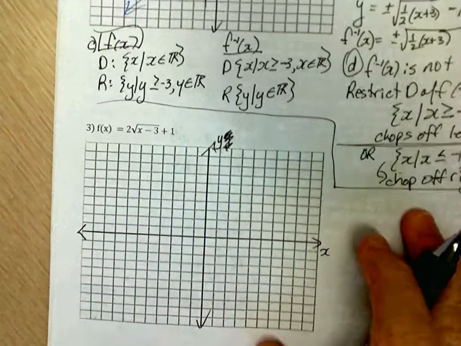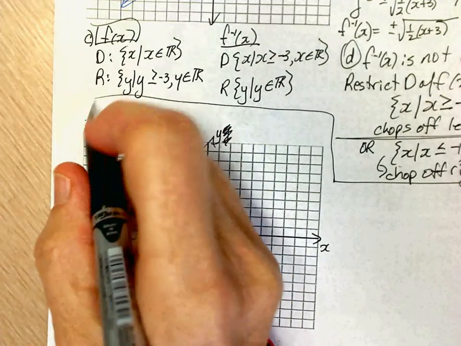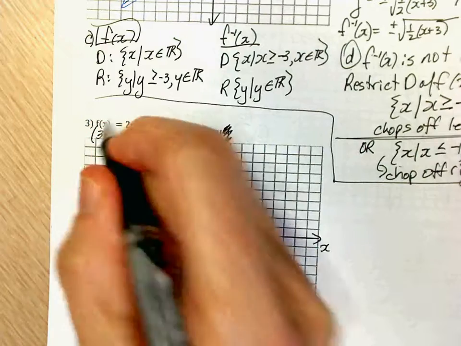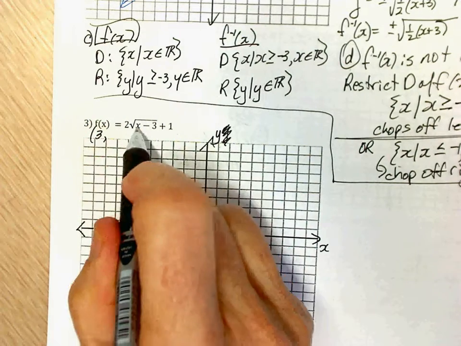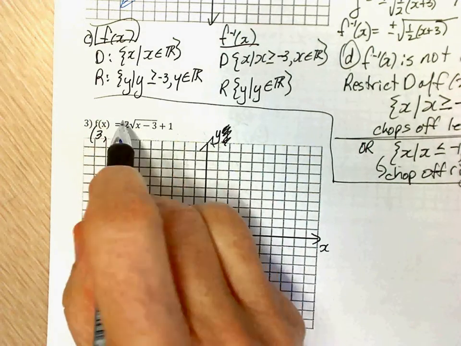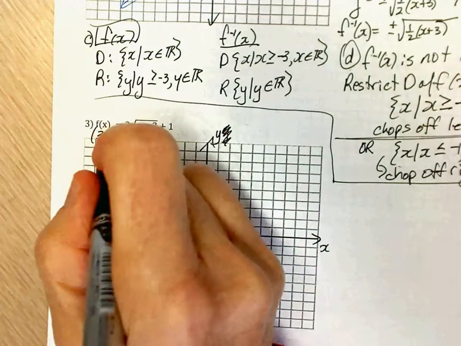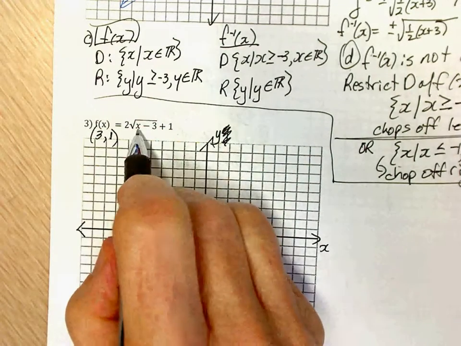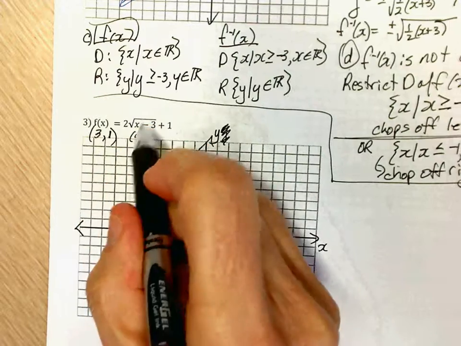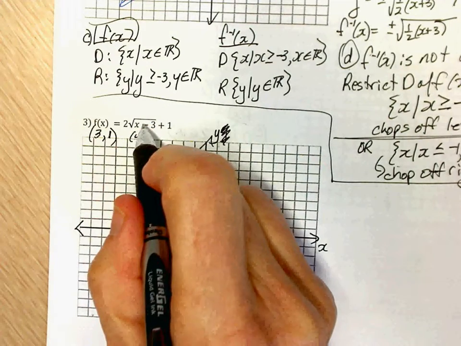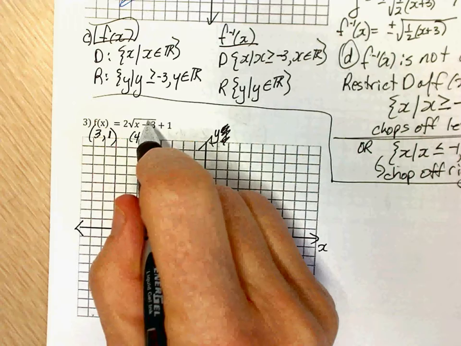So when x is 3, the square root of 0 is 0, 2 times 0 is 0, plus 1 is 1. Now when x is 4, 4 minus 3 is 1, the square root of 1 is 1, 2 times 1 is 2, plus 1 is 3.